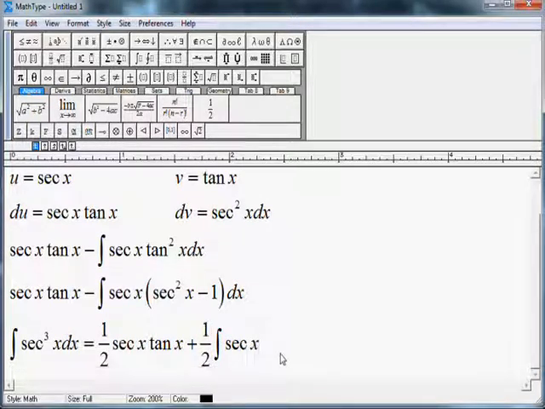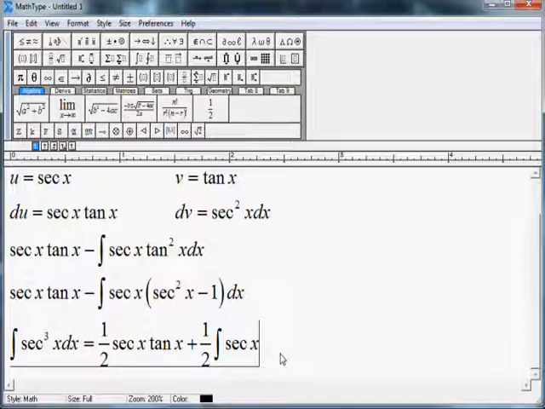Now, if you look in the back of your book, and I could prove it, the integral of secant of x is pretty much one, maybe two steps, but the step that you do is not obvious at all.